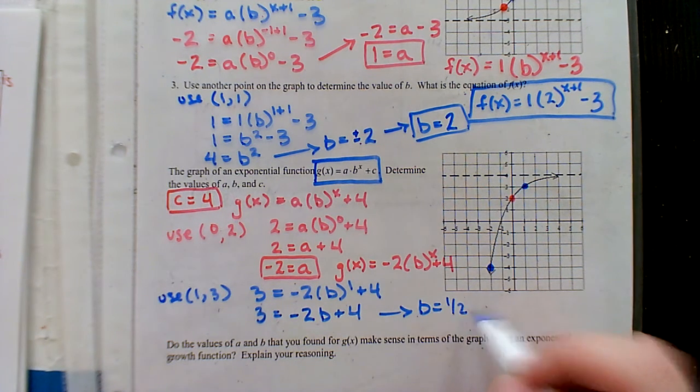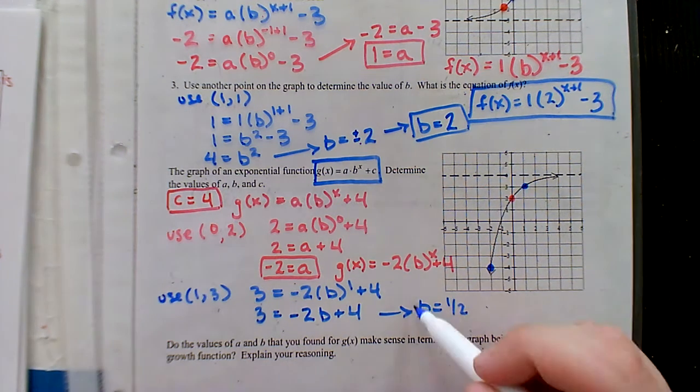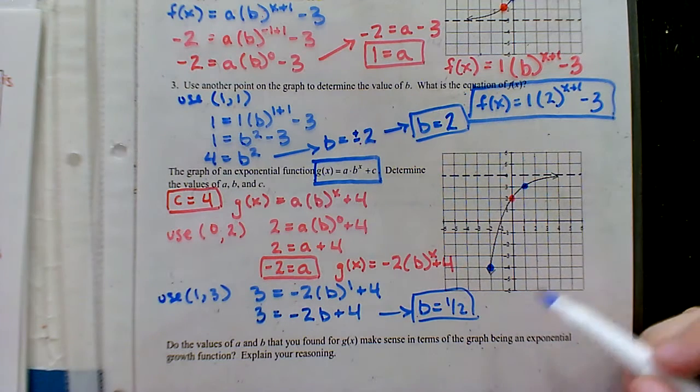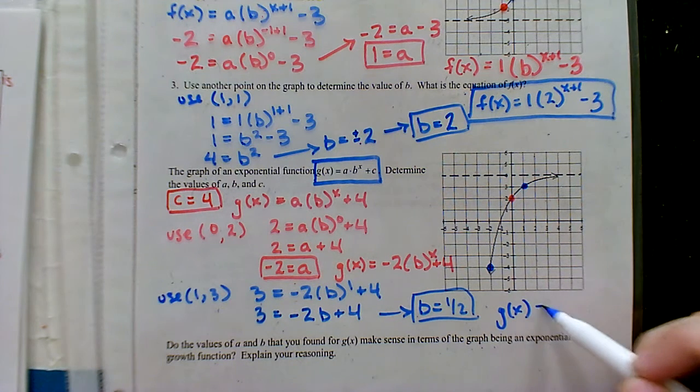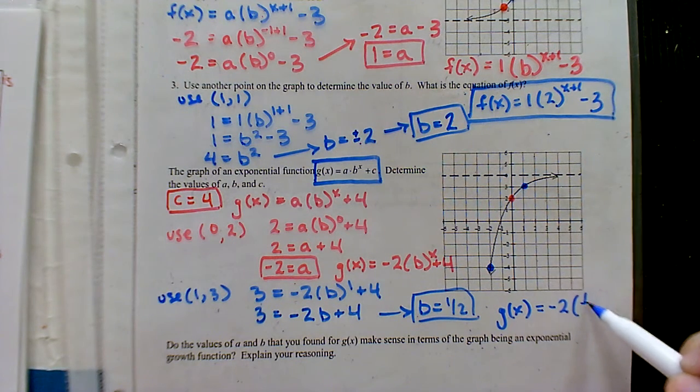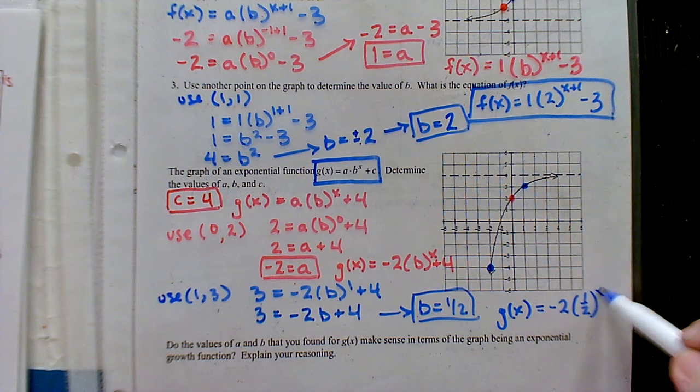How does 1/2 sound? Good? Let's put it all together. Final equation, g of x equals -2 times 1/2 to the x power plus 4.